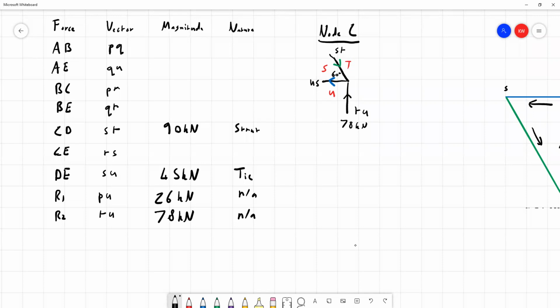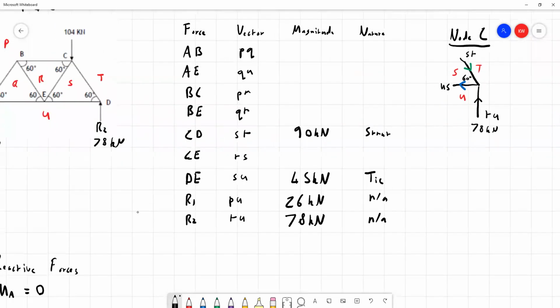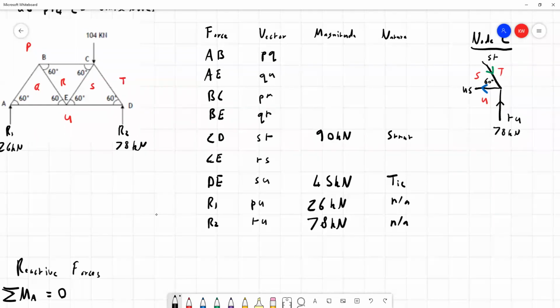And we can also go back to our main diagram here, and we should record the direction of the internal forces, because this is going to be helpful with the remainder of our nodal analysis. Because we've identified that CD is a strut, we know that it's acting in towards that node, but it also means the direction of the force up at node C is acting towards node C. And similarly, for the member DE, the forces act away from the node, and that happens at both ends.